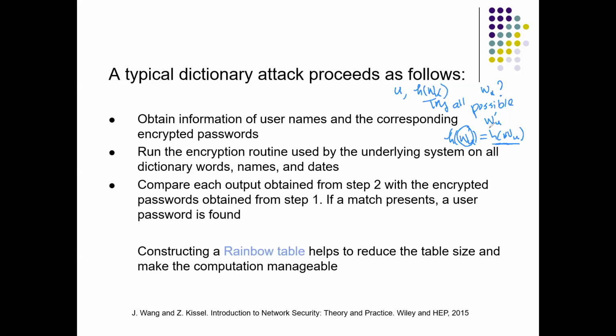Okay, so that's a common method of dictionary attack. The reason it is called dictionary attack is you try all possible passwords, and one common way to get them is to get a dictionary, and those are also passwords people tended to use in early days.